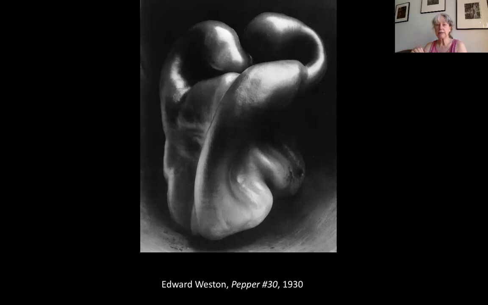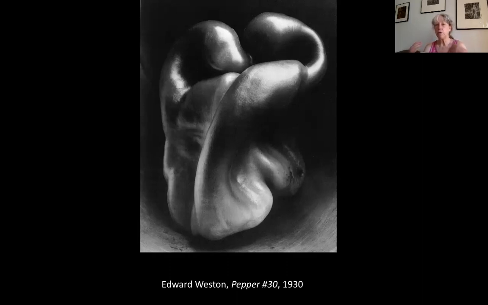In this case, unless you looked down at the bottom and saw that this was called Pepper Number 30, when you looked at it, you might think, what the heck is that? It looks sort of like a person, but not really. So the formal decisions that Edward Weston, the photographer, made, it's a photograph of a pepper, weren't about making a photograph of the most representational pepper he could find, obviously.